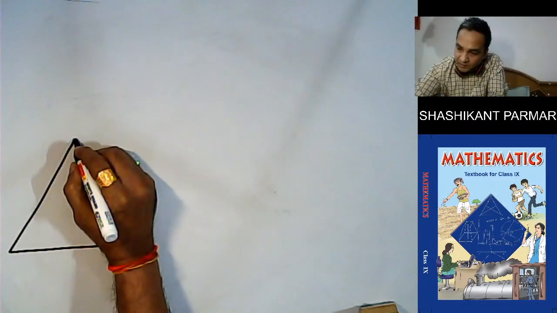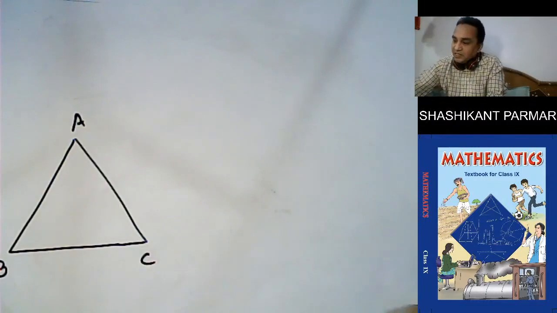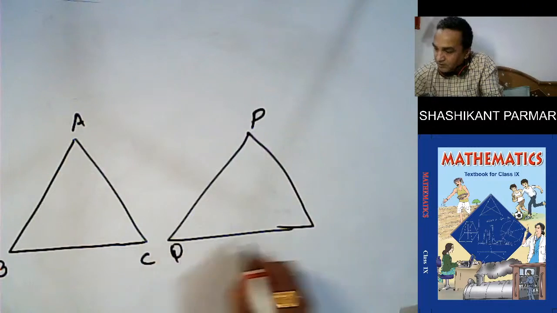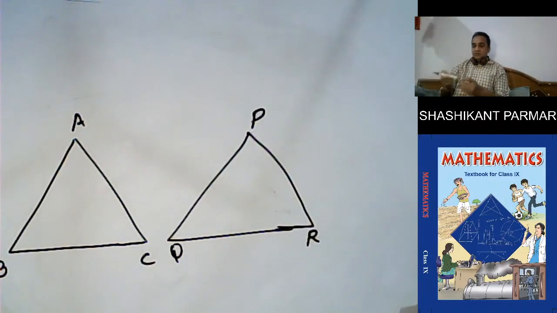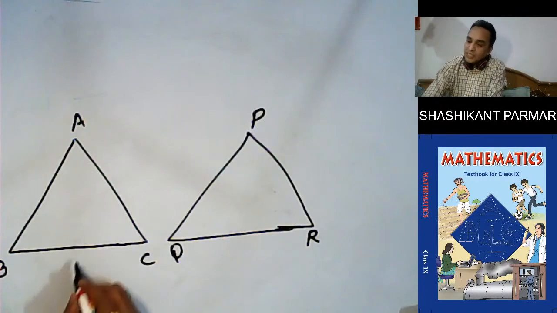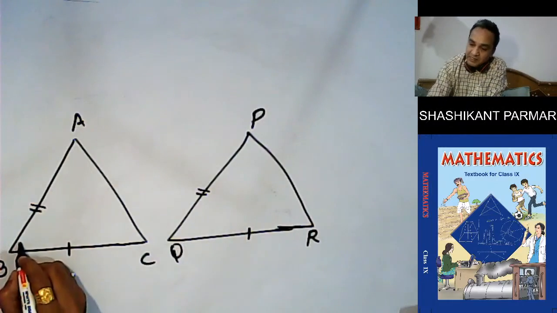Okay, so in short, when we are given two triangles ABC and triangle PQR, if we want to say these two triangles are congruent, then one condition is two sides, that means one side of this, one side, this second one, and this angle.